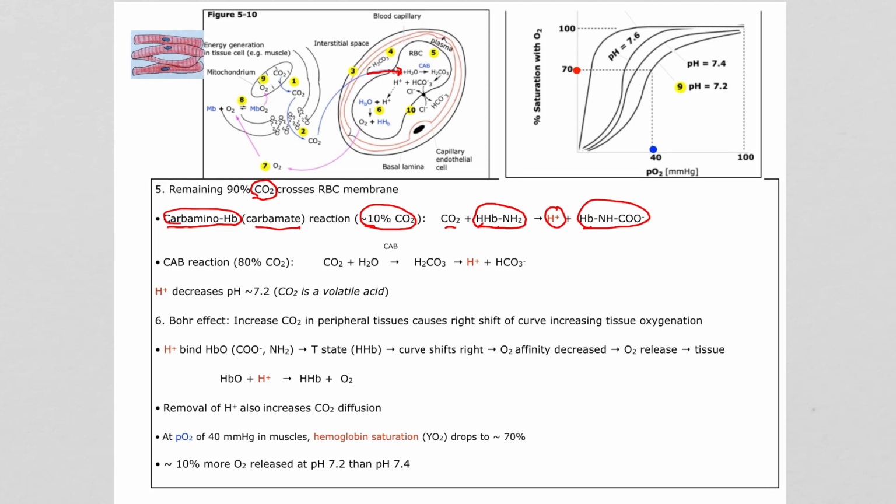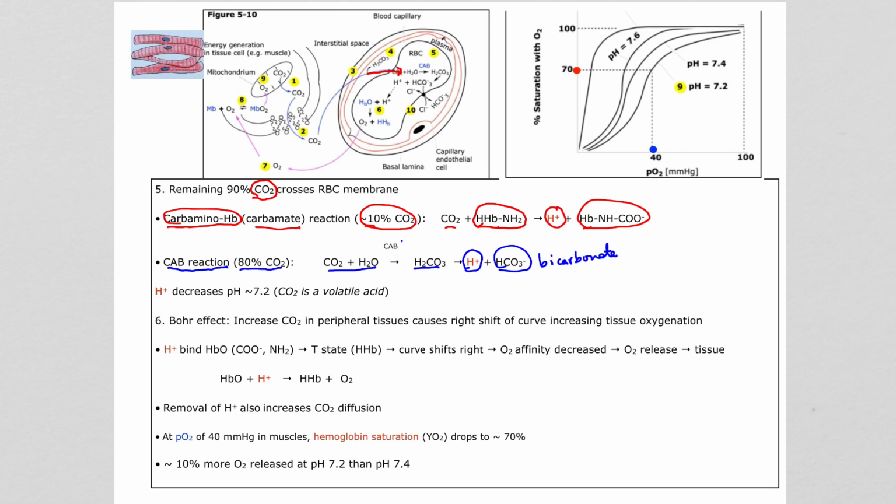The second major reaction that the carbon dioxide can go through in the red blood cell cytoplasm is this reaction that we'll call the carbonic anhydrase catalyzed reaction, or CAB reaction. So most of the carbon dioxide, about 80% or so, will react with water to give you carbonic acid, and this then breaks down to give you protons and the chemical bicarbonate.